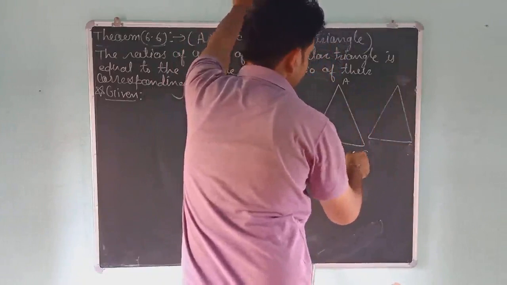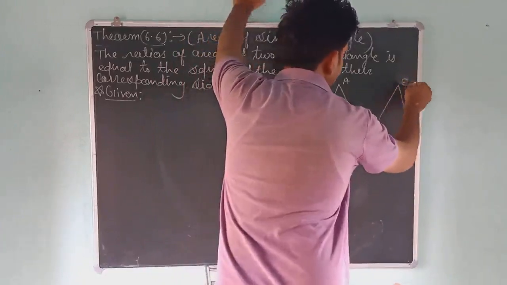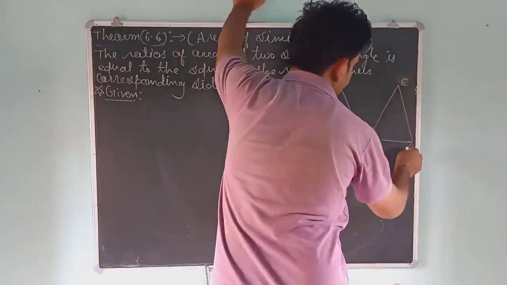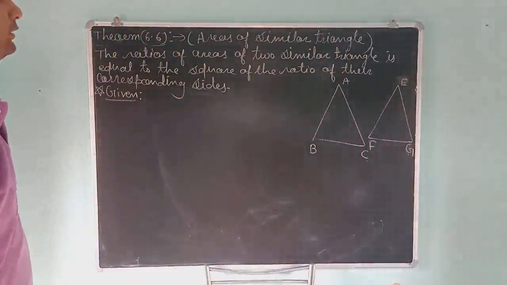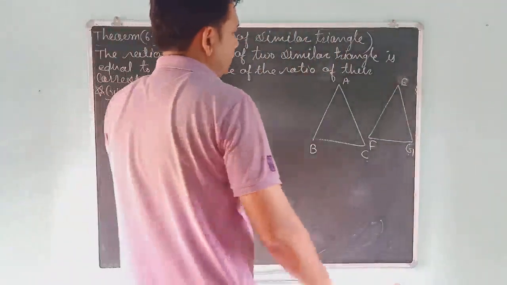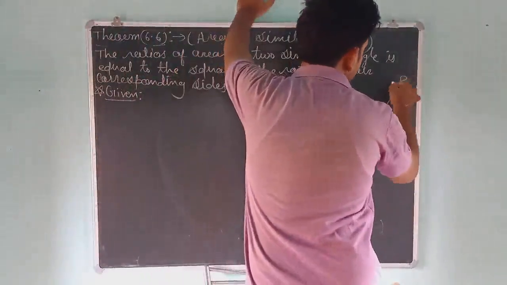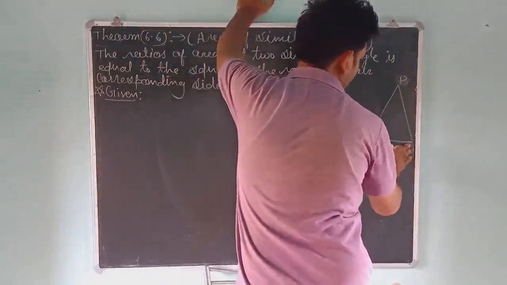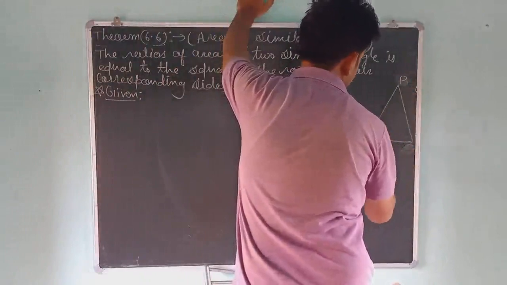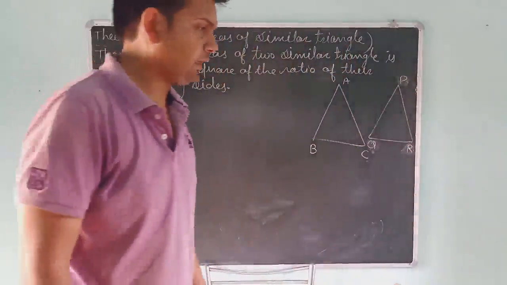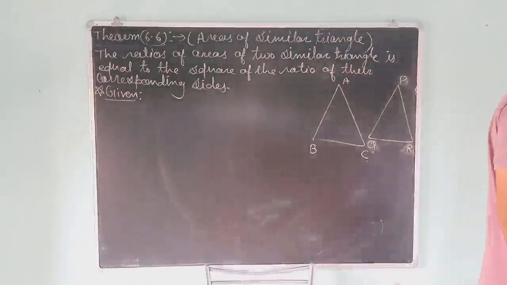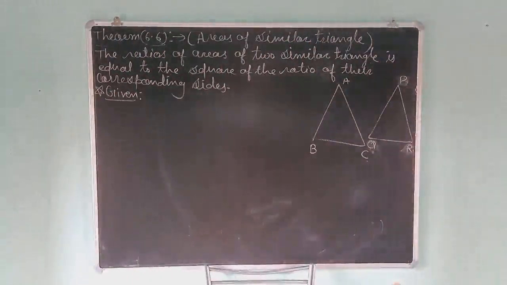Suppose we have two triangles, and here you can take PQR also, PQR will be easier in speaking. So according to this question, the name of the first triangle is ABC and the name of the second triangle is PQR.